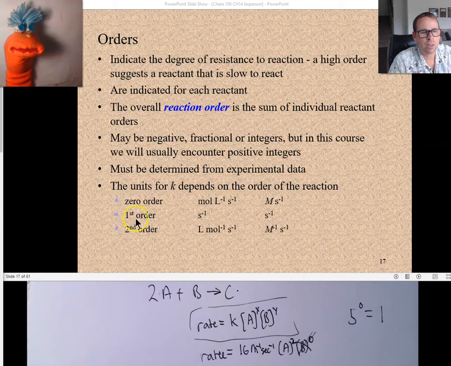For a first order reaction, it's just going to be per seconds. And the second order reaction is going to be liters per mole per second. Or in other words, molar to the negative 1 per second. Written like this. Okay.